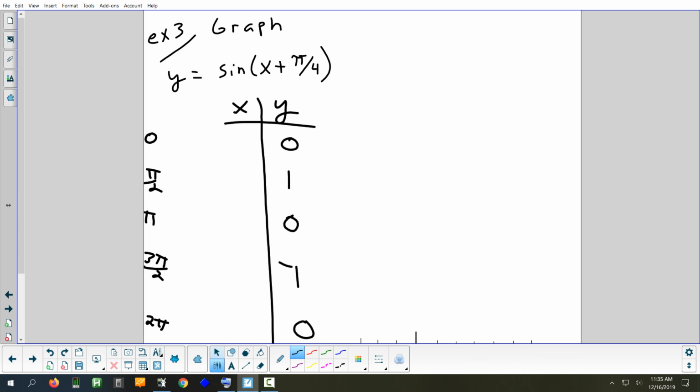What am I going to do to all my x values? You got a minus pi over 4. So you're going to need common denominators on all of these. But the nice thing is, once you notice a pattern, you can just go with the pattern. You just got to figure out the first couple, and then you should see the pattern.